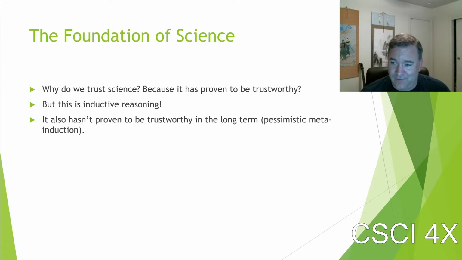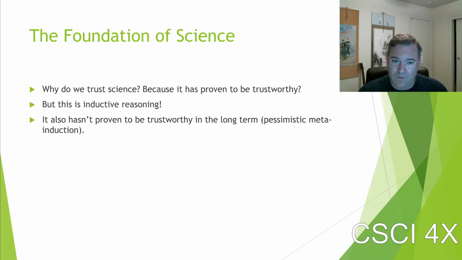Therefore, 100 years in the future from now, everything we believe right now is going to be proven wrong as well. Therefore, we should believe nothing in science. So based on the reasoning we use to justify science, we should not believe science, because science has been wrong about nearly everything. Something like 80-90% of scientific facts that we believed 100 years ago are wrong today.